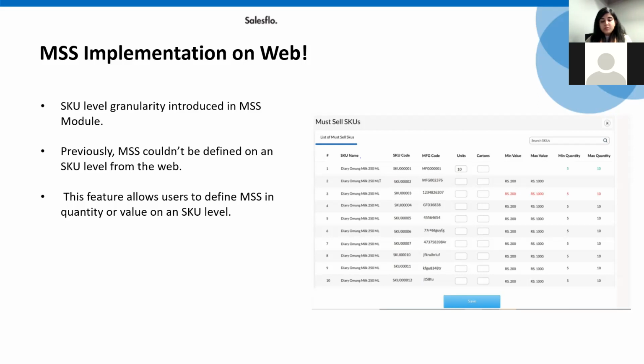If a web order was being placed and MSS was not being followed on that order, the order was allowed to go through, right? So we've built that control, and Asra will be giving you a detailed demo of how this feature will be working. So over to you, Asra.